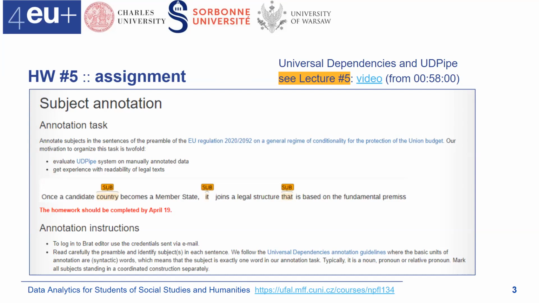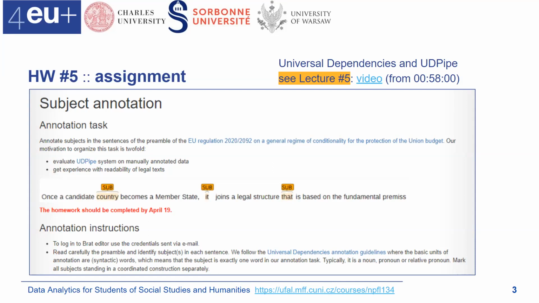I refer back to lecture number 5, where Sylvia gave a very nice description or tutorial on this annotation framework, the Universal Dependencies framework. And she also introduced the UDPipe system for automatic annotation following the Universal Dependencies Annotation Guidelines.